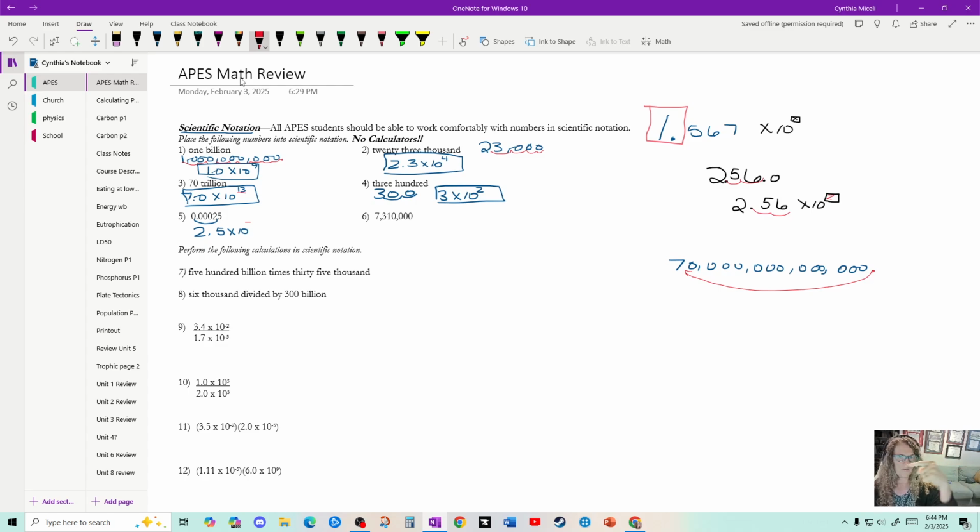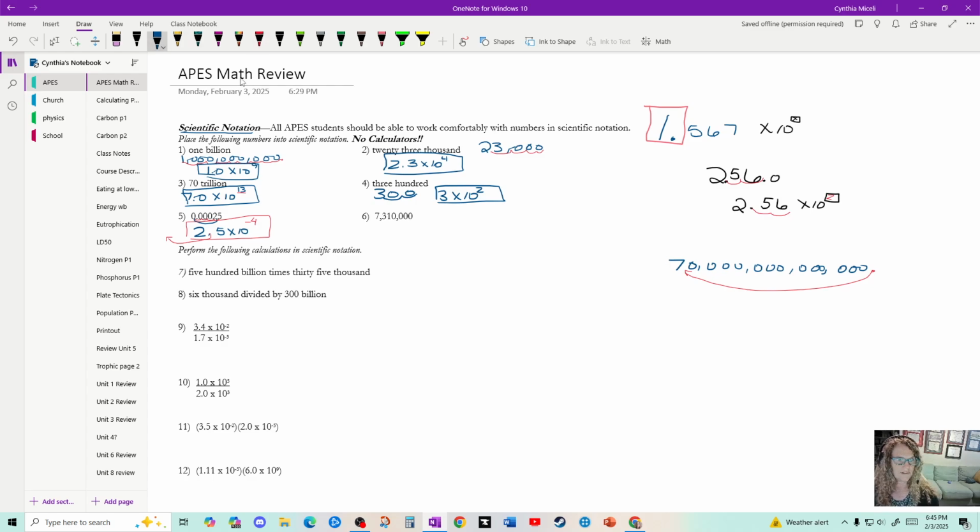If we're getting a bigger number, it's a positive 10 to the power. If it's a small number, it's negative. So we moved it 1, 2, 3, 4 times, so it's 10 to the negative 4. Which means I know I have to move this decimal point this way 4 times.